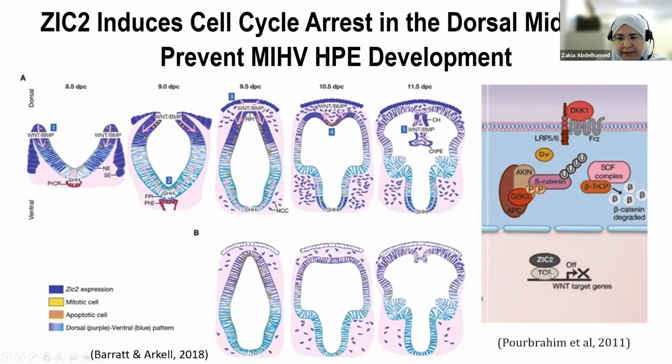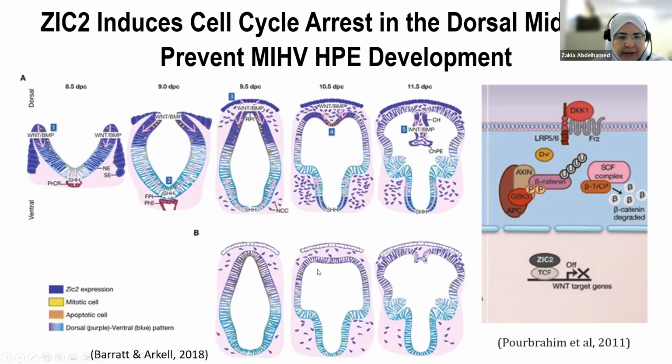It is believed that ZIC2 does this by opposing the action of the canonical Wnt beta-catenin signaling, by interacting with the TCF factor, and this leads to inhibition of the gene expression downstream of the Wnt beta-catenin signaling system, which is responsible for mitogenesis and advancing the cell cycle.